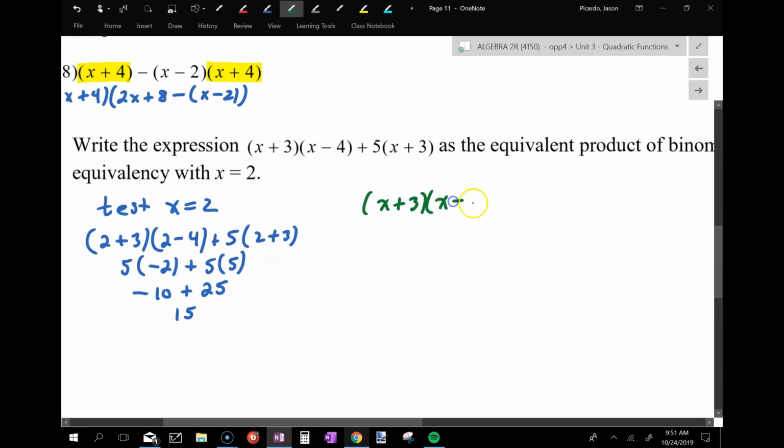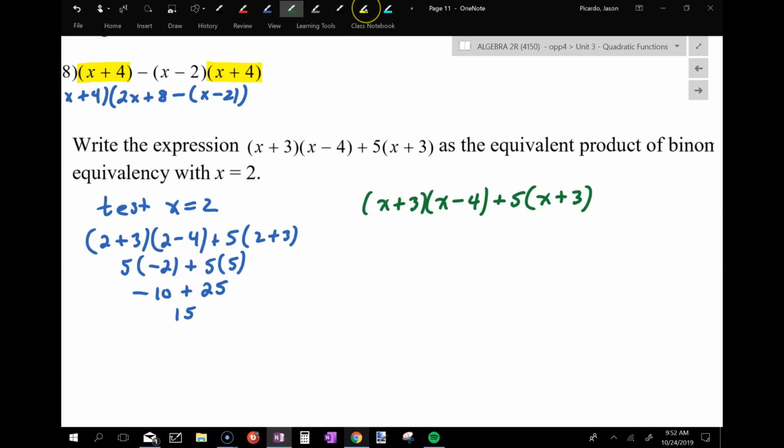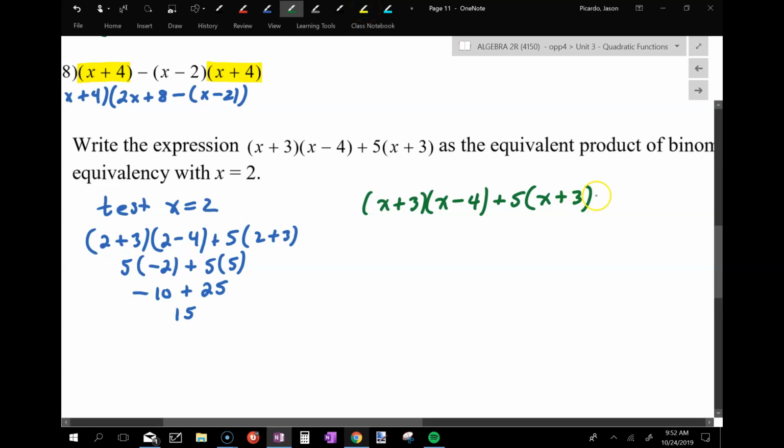All right, now let's do that process that I just showed you guys to see if it works. How many terms? 2. They share anything in common? The x plus 3, right?